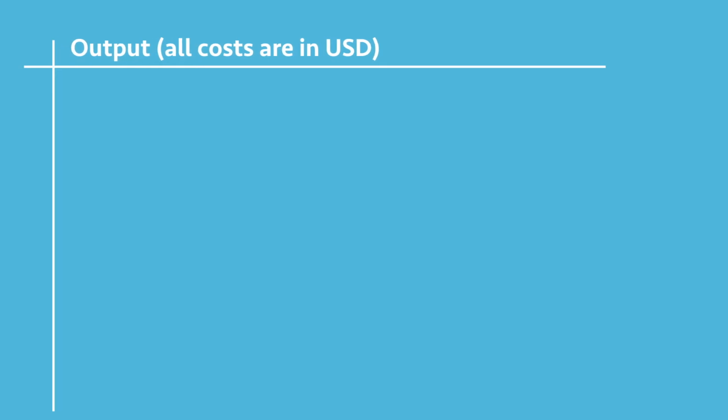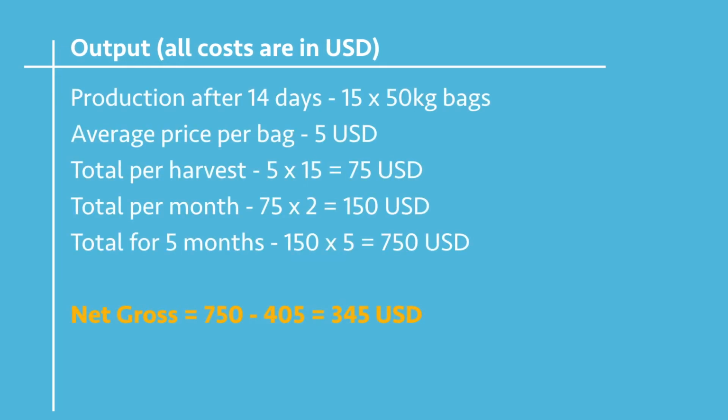And therefore, for this quarter of an acre, we have an output every 14 days of 15 bags of 50 kgs. And each bag you sell at $5, so the total money will be 15 bags at $5 per bag.